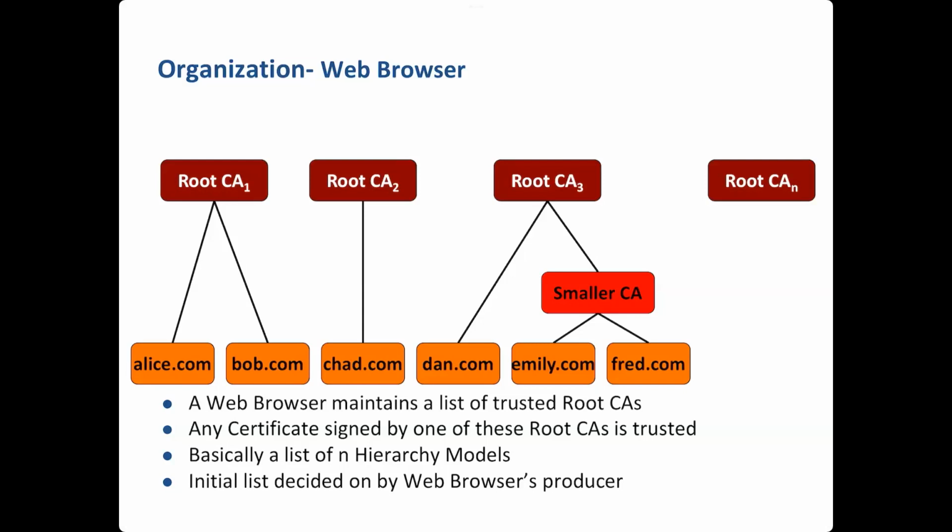So if your browser is communicating with a server, then the browser will use the public key of the server, as we've seen in RSA. This public key must be available to the browser, right?